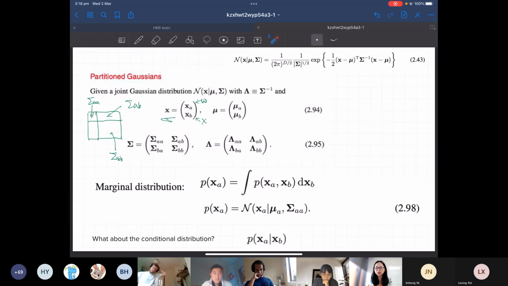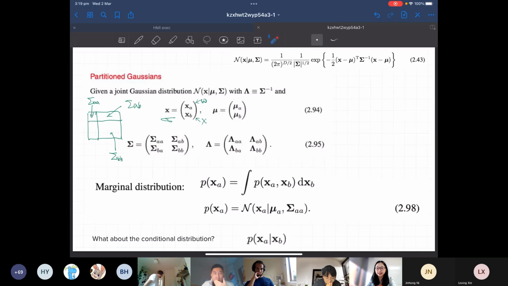You may ask, why do we need this? So we have the big sigma and the big lambda. The big lambda is called the precision matrix. It's just sigma inverse. The reason we need two different notations for the same thing is that matrix inverses are tricky objects, and sometimes it's a lot more convenient to write it in one or the other.